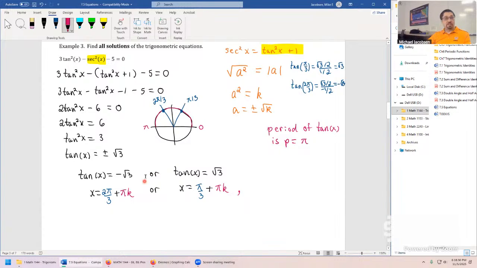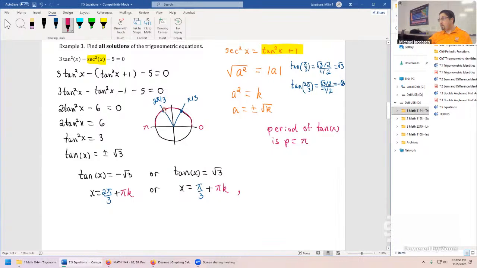So this is the full solution set to the original equation at the very top. 3 tangent squared x minus secant squared x minus phi equals 0 means x is one of these 2 different values where you can pick any integer whatsoever for k. Pick them both 0, and you're just picking up these 2 main solutions that we found.